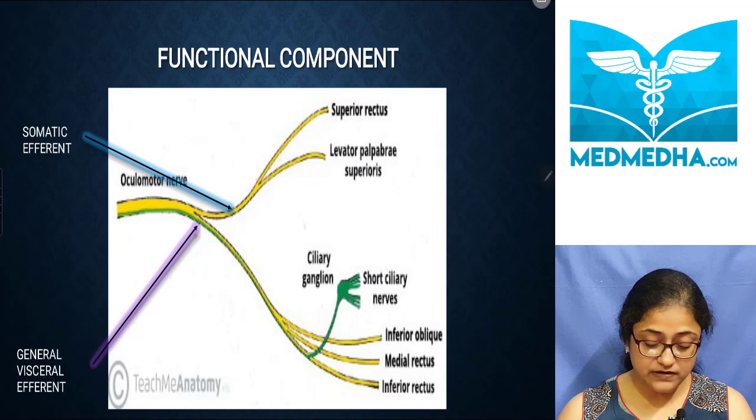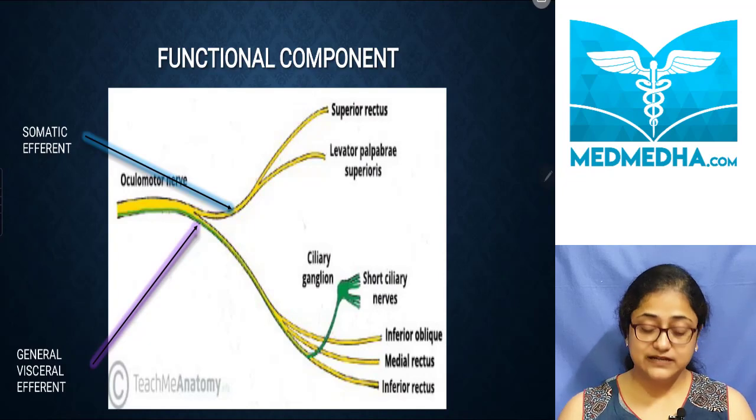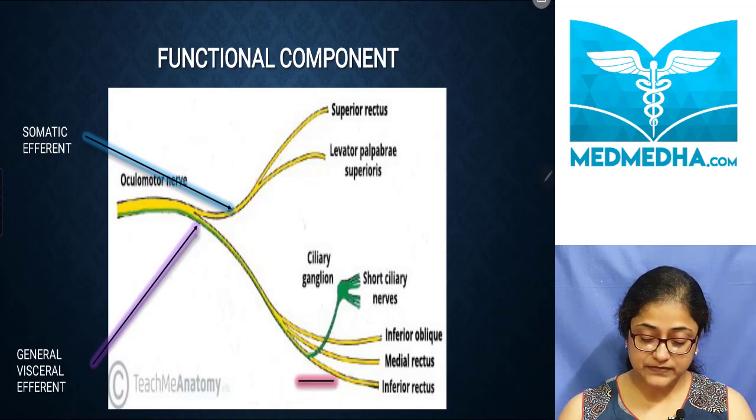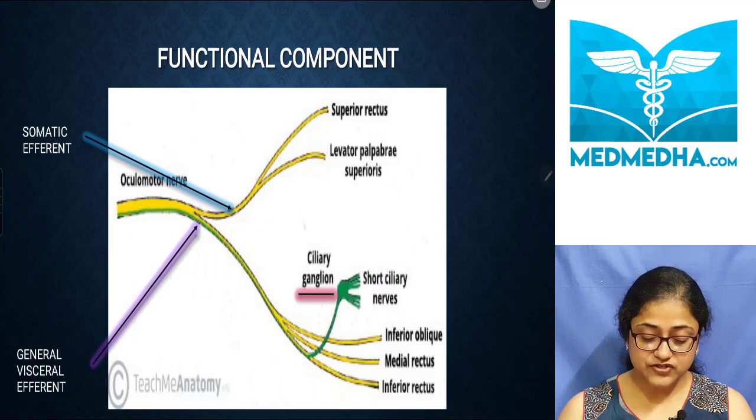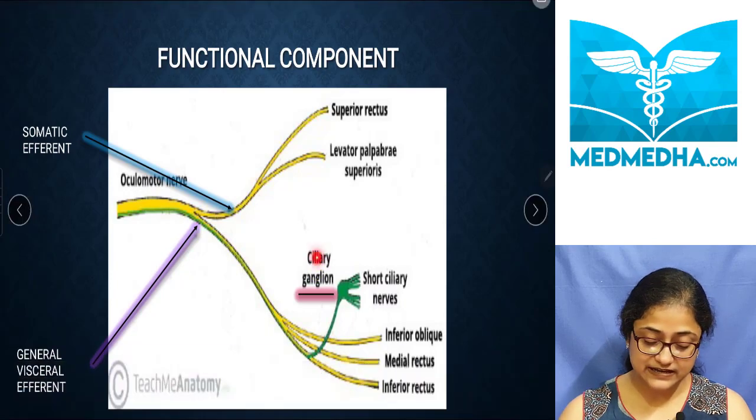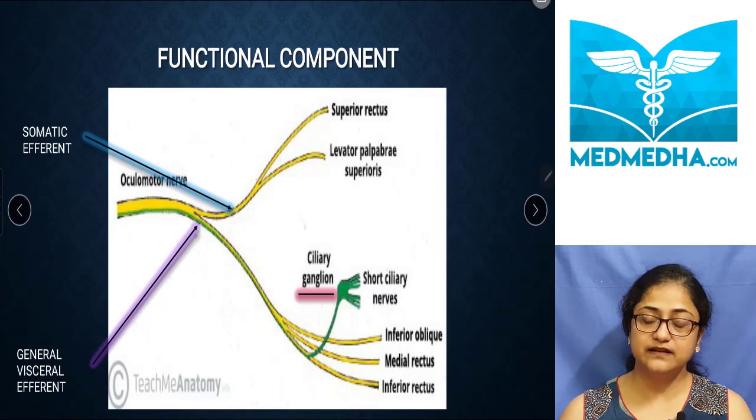The general visceral efferent relays into a parasympathetic ganglion, which is the ciliary ganglion in this case, and this fiber acts as a preganglionic parasympathetic fiber because it will synapse in the ganglion.